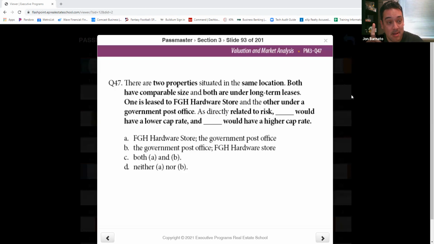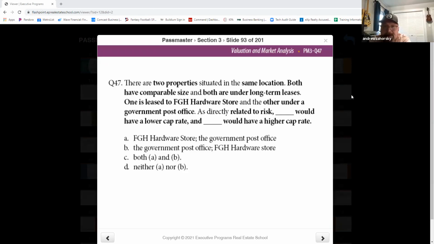My thought, and it could be wrong, is that the income of the hardware store might be more likely to fluctuate, whereas the post office may be able to pay the same amount of rent every month. Correct, to an extent. So it's about risk, remember?